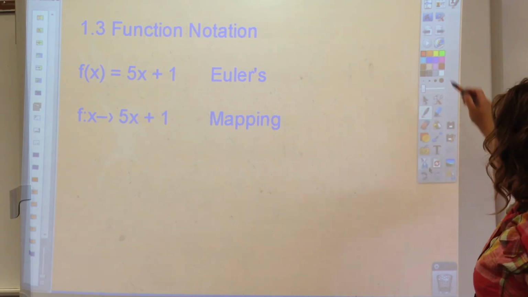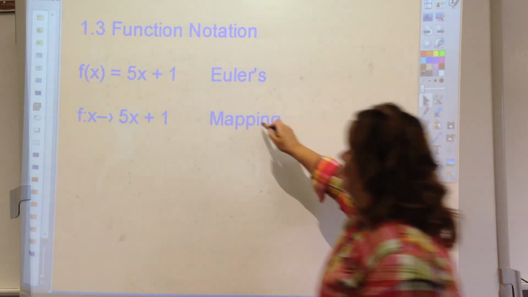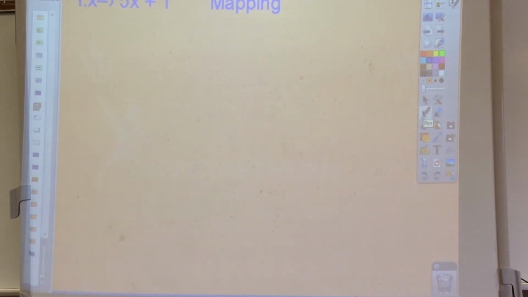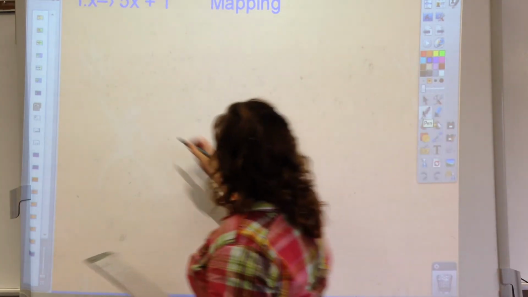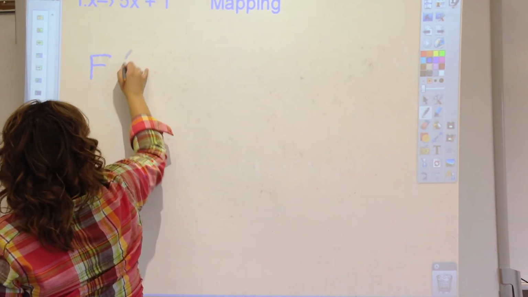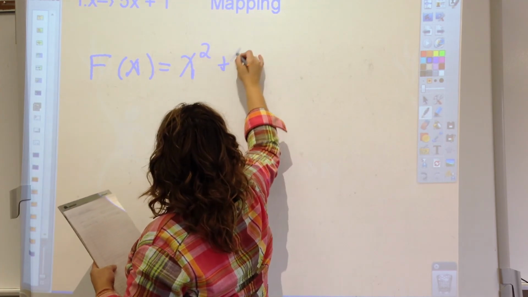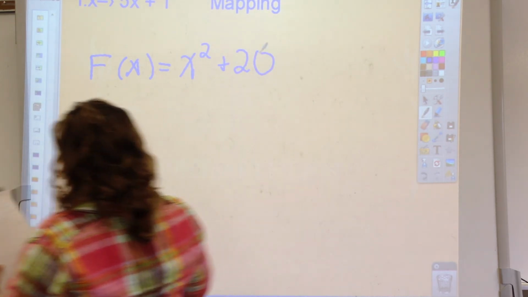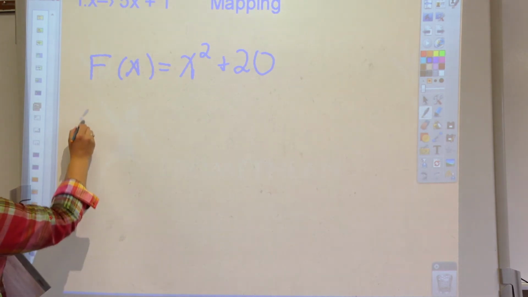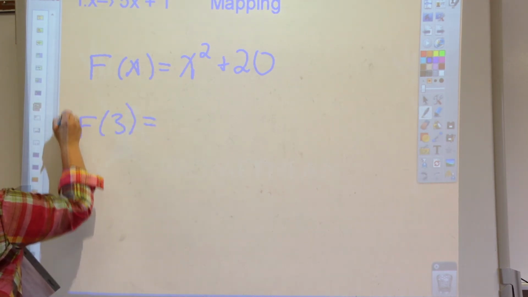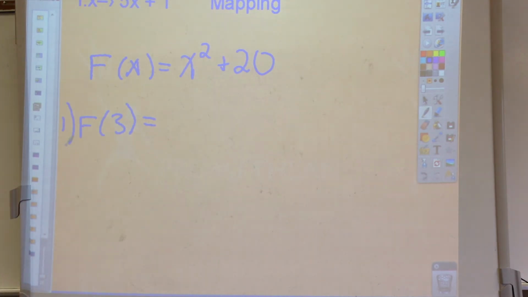I'd like to try one more function, or actually like to have you try one more function, and it's x squared plus 20. For tomorrow, I would like you to give me a sheet of paper that finds f of 3.